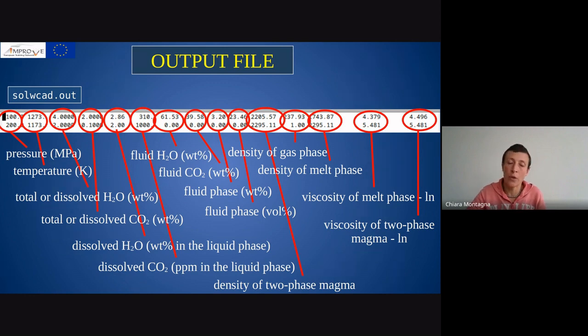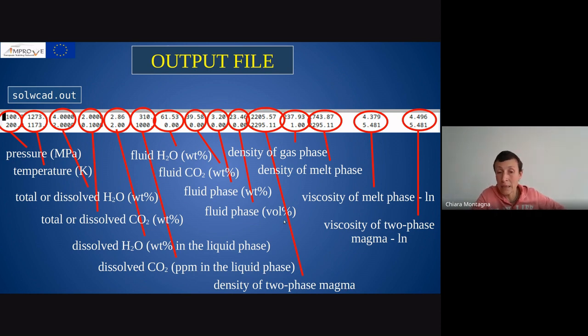So we have dissolved water, dissolved CO2, and then we have the fluid composition of the gas phase, water and CO2, and then we have the weight fraction of the fluid phase on the total of the multiphase magma, and also the volume fraction of the fluid phase, calculated using the density that depends on pressure and temperature.